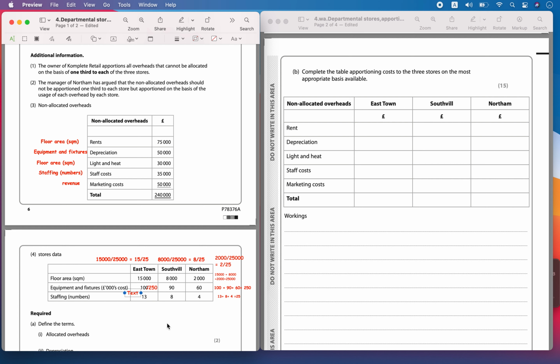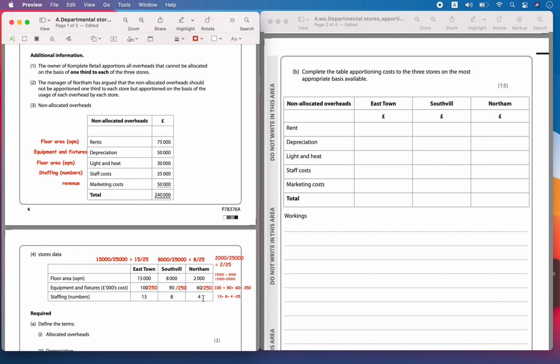Then Southville has 90 out of 250, so 90 out of the 250 total assets. In that ratio I will split. Then Northam has 50 out of 250.